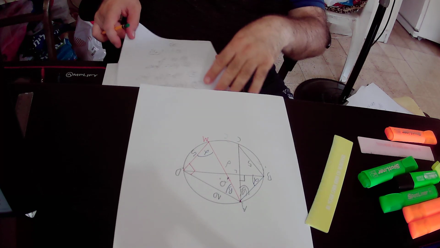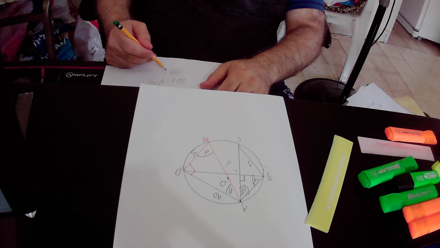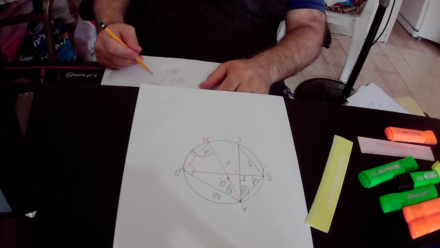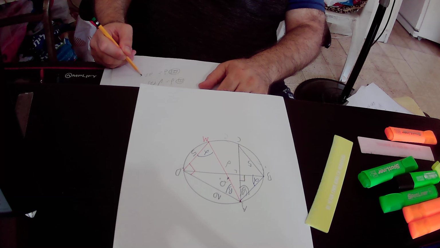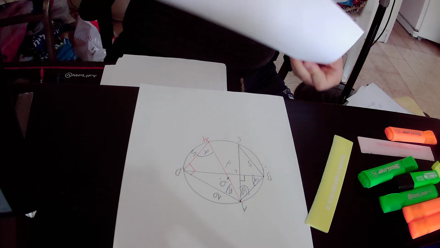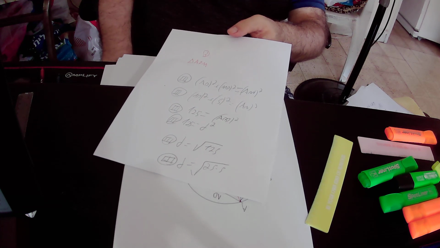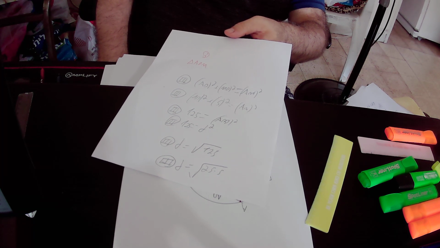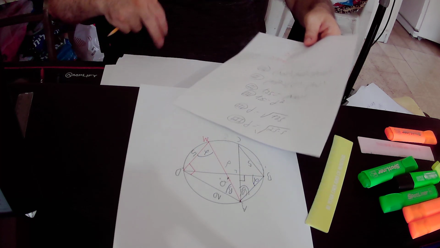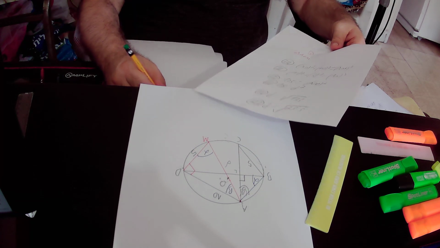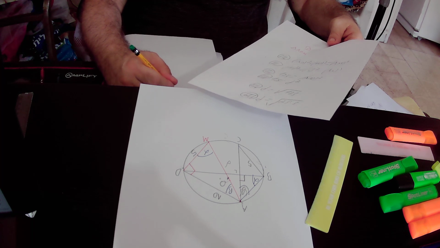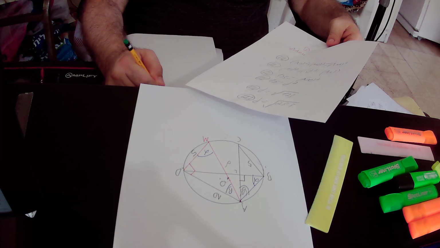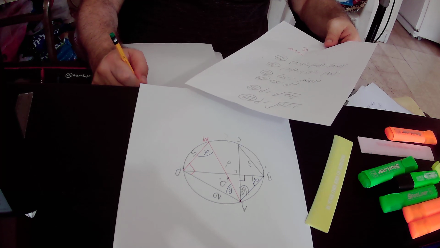125 equals 25 times 5, and then the root of 25 equals 5, so we can write that the diameter of the circle equals 5 times root 5.